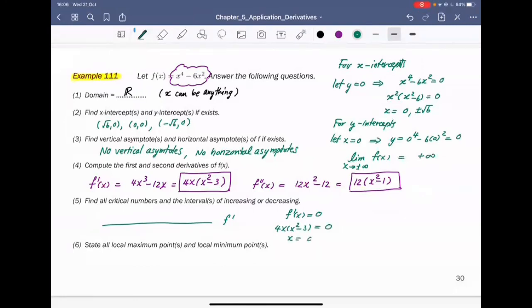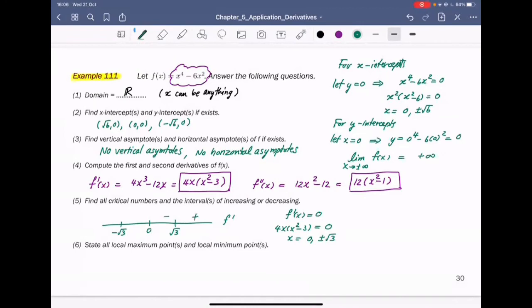So this means x equals 0, plus or minus square root 3. This means 0, square root 3, negative square root 3. So this is going to be your real line.